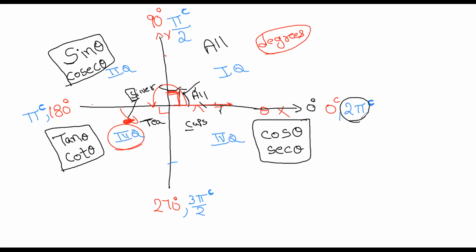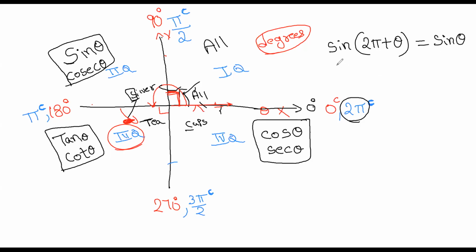I can write sine of 2 pi plus theta. Since the period is 2 pi, after every repetition the value is not changing. The value is repeating as it is. So sine of 2 pi plus theta is sine theta itself.